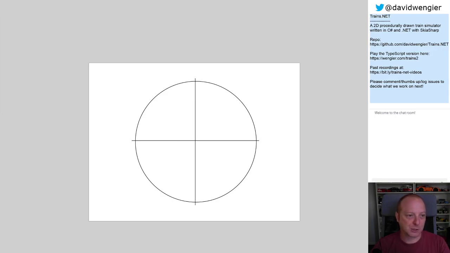Okay, so this is 0, 0 in our coordinate system, and I'm just going to call this 100, 0 and 0, 100. This is the coordinate system that we draw tracks, trains, everything in. Positive numbers is going down, Y is vertical, X is horizontal.